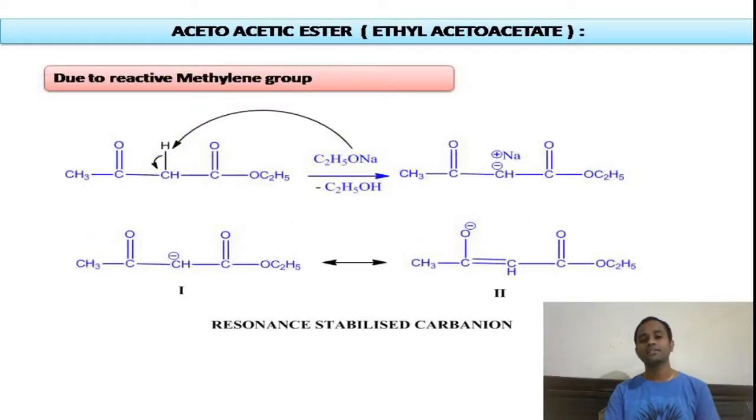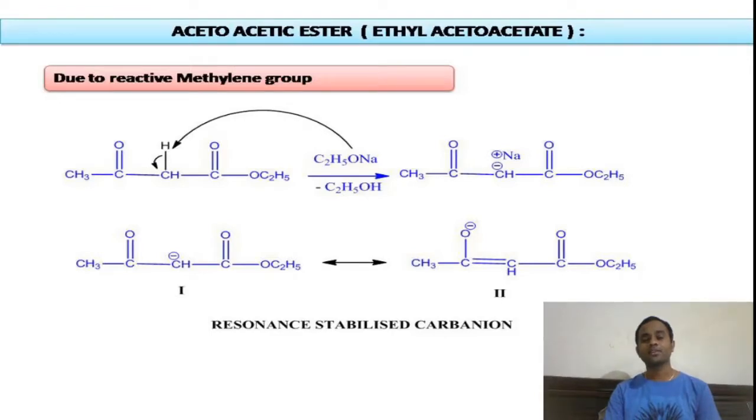Coming to the properties due to the presence of a reactive methylene group. We know acetoacetic ester is an example of an active methylene compound, in which the methylene group is flanked on both sides by electron withdrawing groups, that is, one keto group and on the other side an ester group.